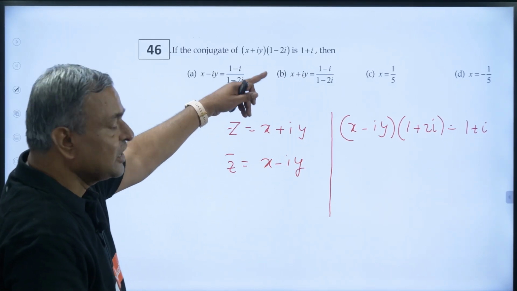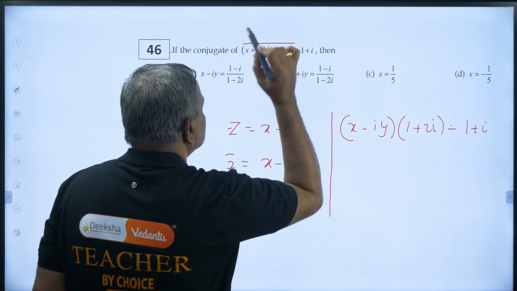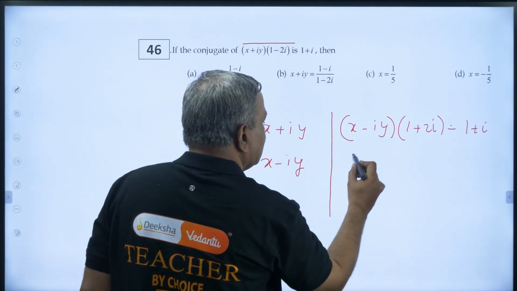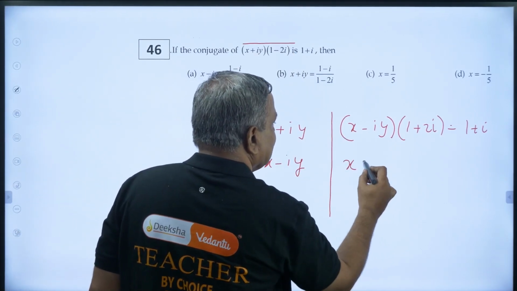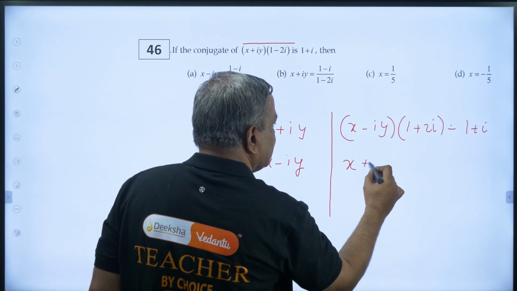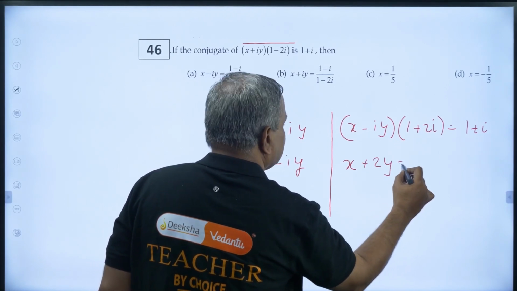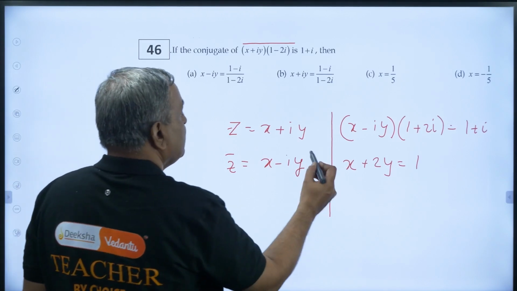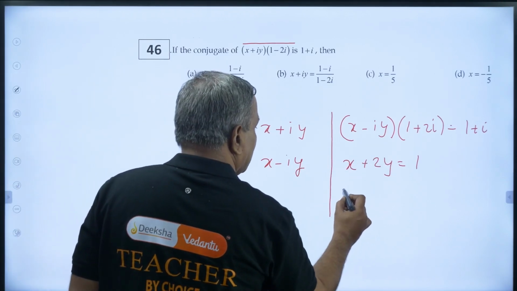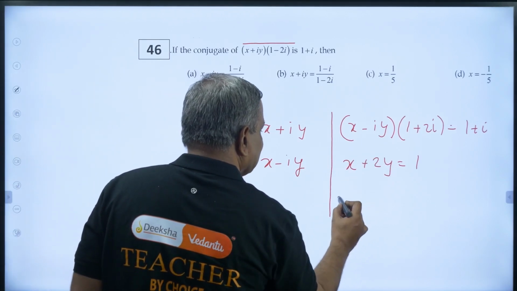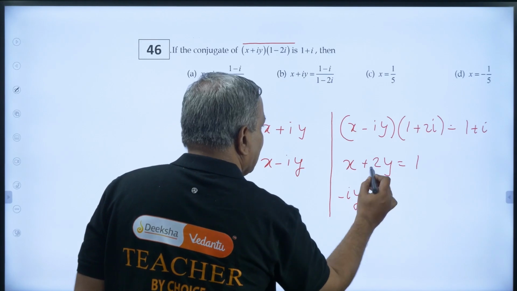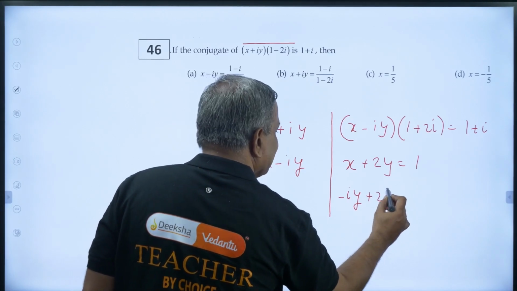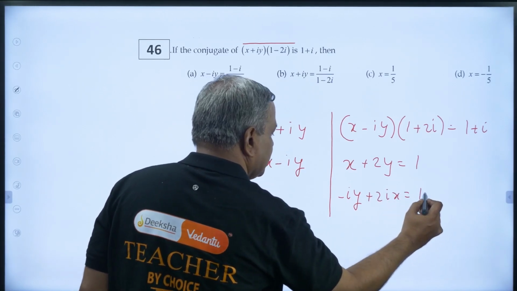We have taken the conjugate, that means bar. So you multiply, the real part will be x and, since i square is minus 1, plus 2y. x plus 2y is equal to 1. That's the real part. So what is the imaginary part? The imaginary part will be, this will give you minus iy and this is 2ix, which is equal to 1 i.